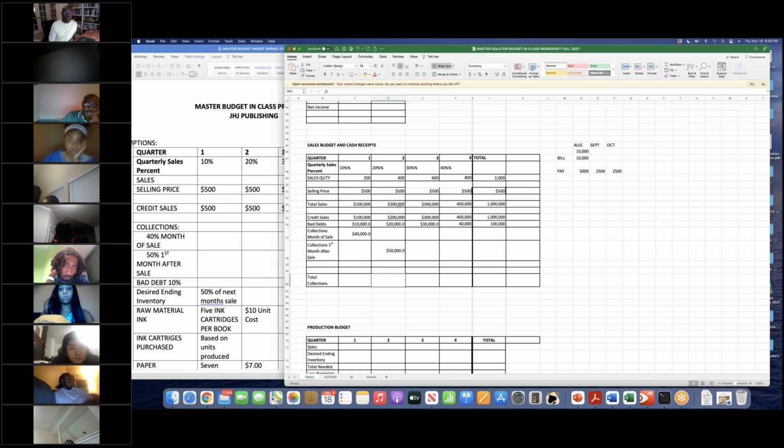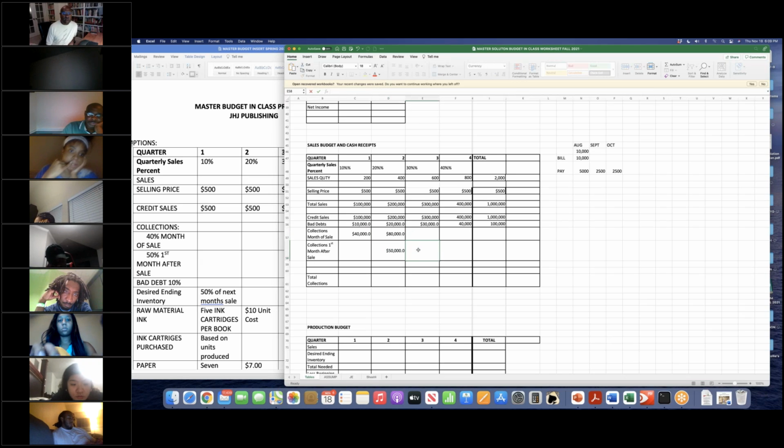Then in the second quarter, when you have 200,000 in sales, 20 of those are going to be bad. You're going to collect 80,000. Then in the third quarter, you're going to get the other 100,000. So you're never getting it at that point.